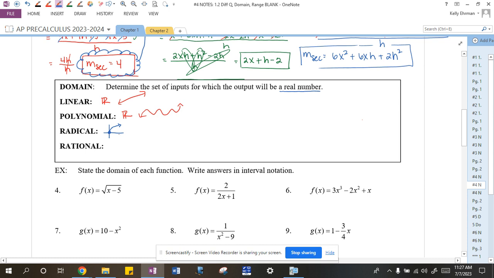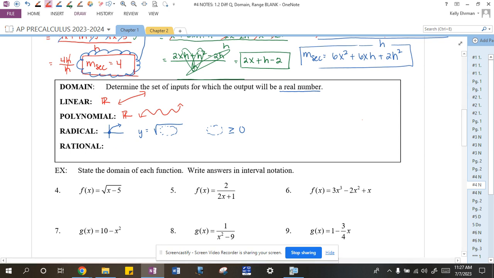So with that in mind, if we have y equals the square root of whatever, that expression underneath the square root, we have to ensure that we only put x values in that cause the expression to be greater than or equal to 0. We can only square root positive values or 0 to get a real number.